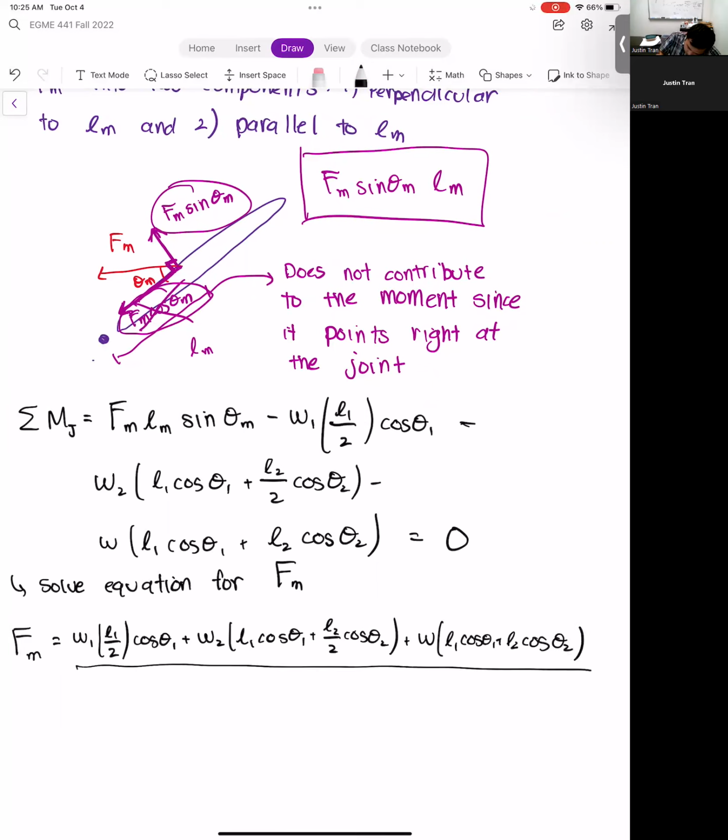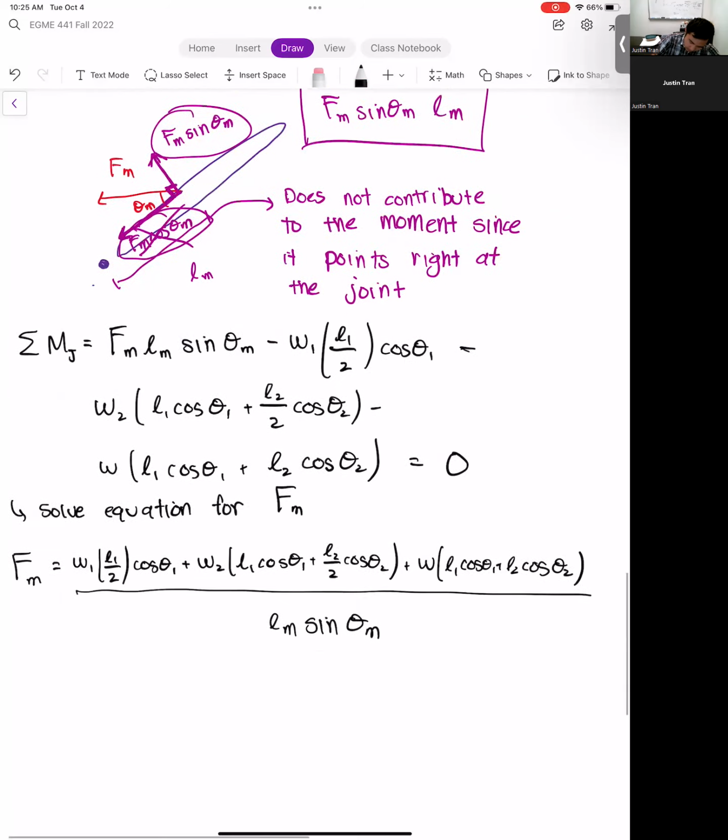Okay. And then we divide by the moment arm for FM, so that's LM sine of theta M. Okay.